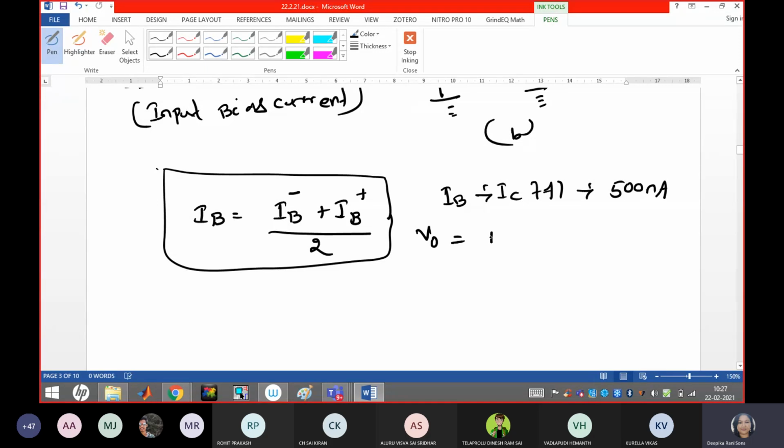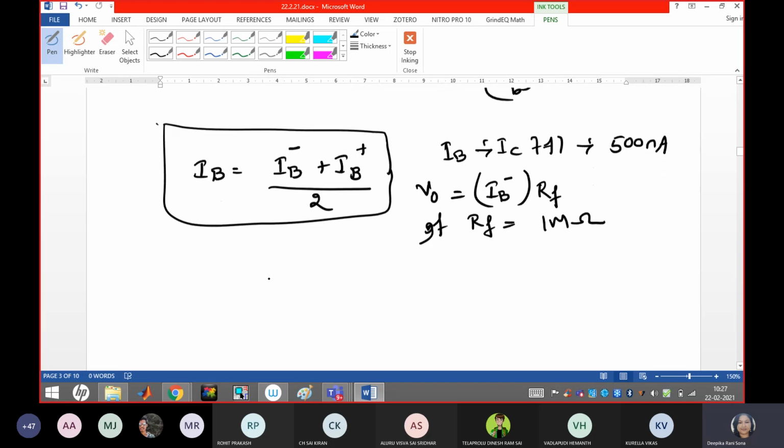V0 equals IB minus into RF or IB plus into RF, anything I may write. And IB value is 500 nanoamp, and let's consider RF equal to 1 mega ohm. What should be the V0 value, guys?